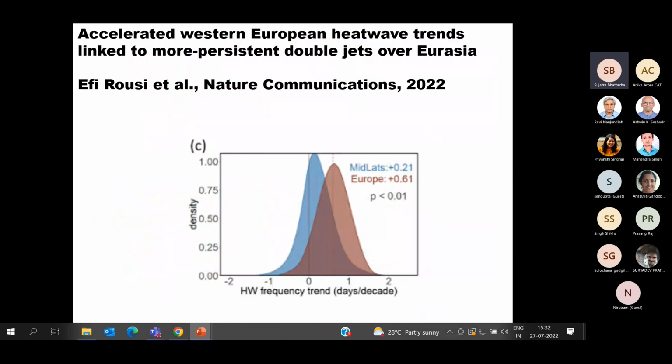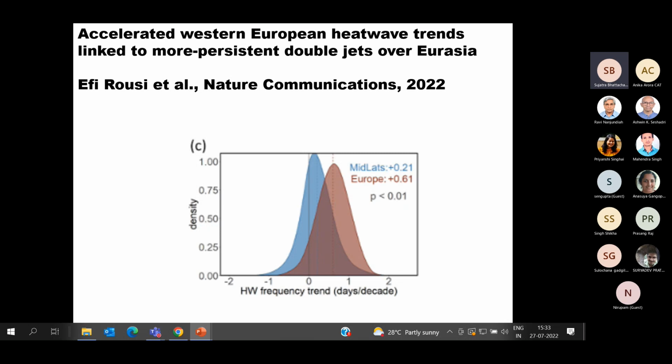I just want to mention this new paper that came out for those who are interested. You remember this year there was a lot of heat wave in Europe. Last week, we discussed the one in Great Britain. Now the next is coming in other countries. There's a very nice paper saying that there are double jets in the mid-latitude now, not a single jet, and that double jet is causing this heat wave. I want all of you to read it.